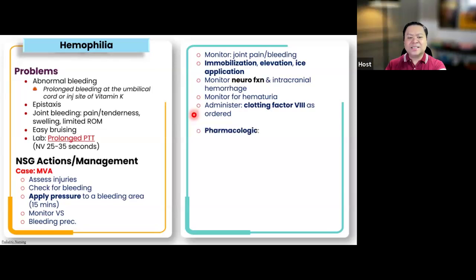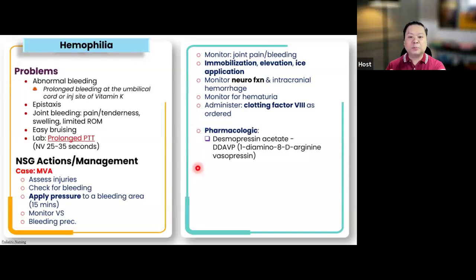Now, another is the pharmacological agent known as DDAVP, or desmopressin acetate, which is the 1-deamino-8-D-arginine vasopressin. So what is this medication? This is a drug of choice, which is a synthetic form of vasopressin, which can increase the plasma factor 8, okay?